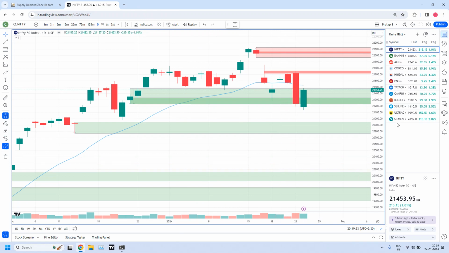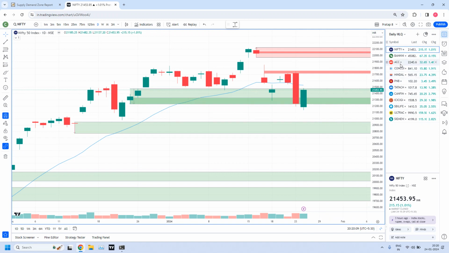Yesterday we identified 10 high liquidity zones, from the daily time frame and the 75 minutes time frame. Today morning I posted the 75 minutes zones at our Telegram channel, and daily zones are available in our yesterday's video report. Let us go through one by one.